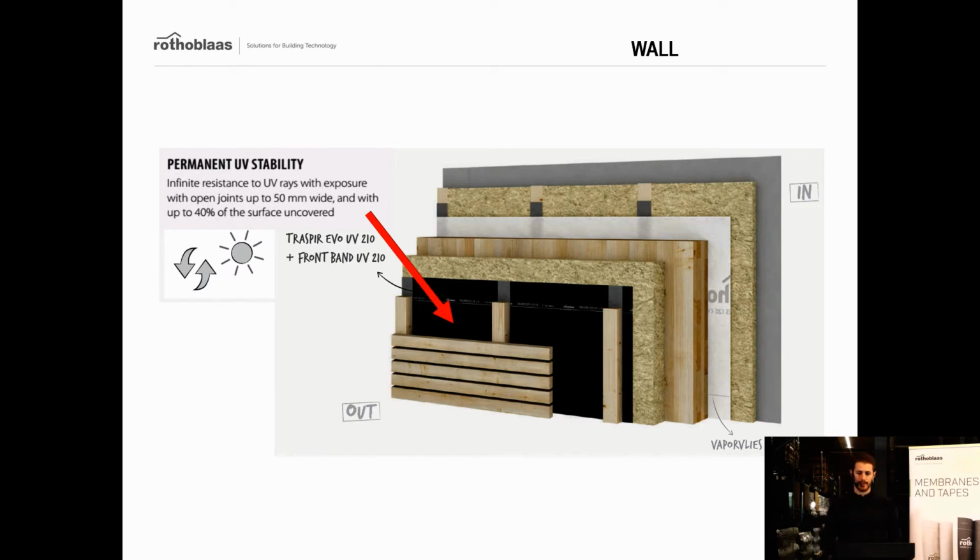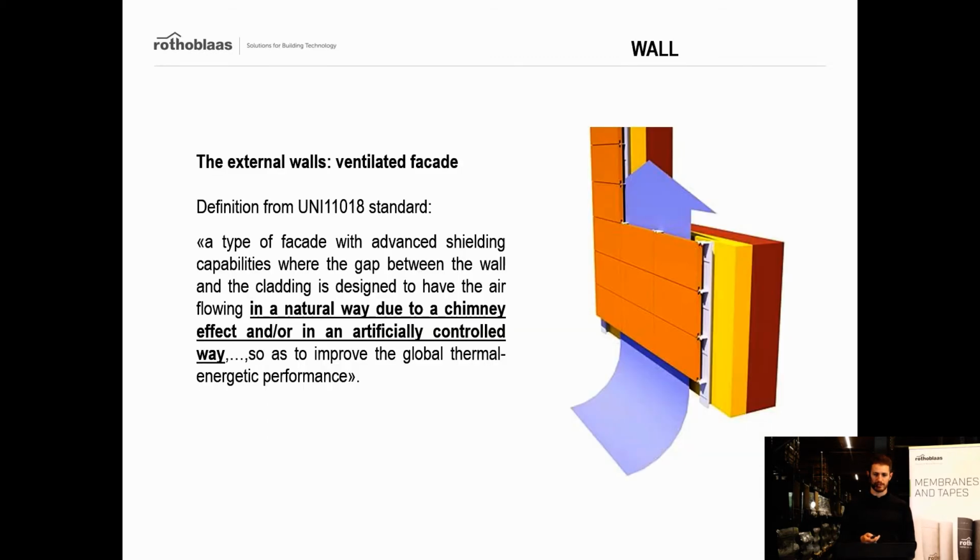And you have a case scenario like this one that I'm showing in the picture, where UV can pass through, for instance, the finish of your wall, and they can get in contact with a membrane. So in this case scenario, you have to come back to the technical sheet and choose a membrane which has a better resistance to UV, for example.